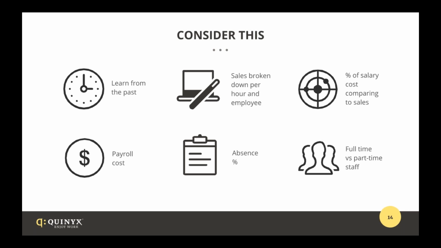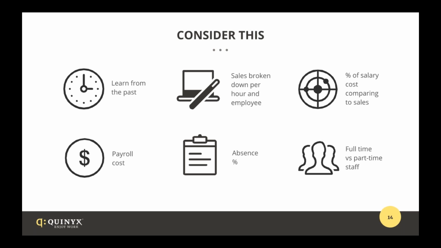One thing that is kind of interesting when working a lot with forecasting is the last part as well, which is around full-time versus part-time staff. So if you do a really good and accurate forecast, you will also learn how the split between full and part-time staff needs to look.